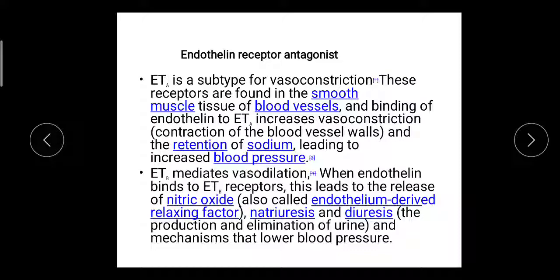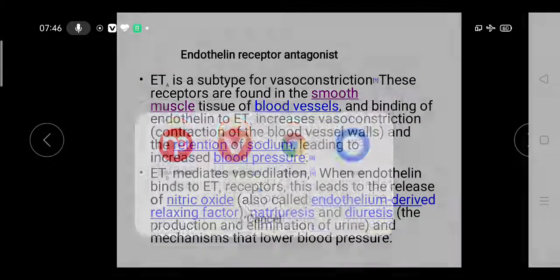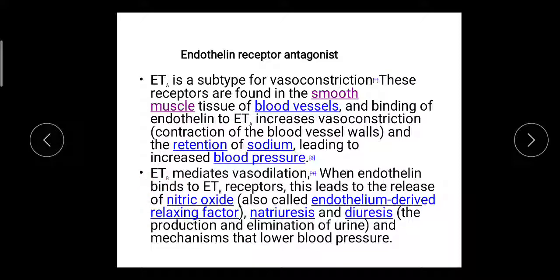And the last category under drugs used in CHF is endothelin receptor antagonists. Endothelin that is released in the body acts on two receptors, ETA and ETB. When endogenous endothelin binds to the ETA receptor, it produces vasoconstriction.